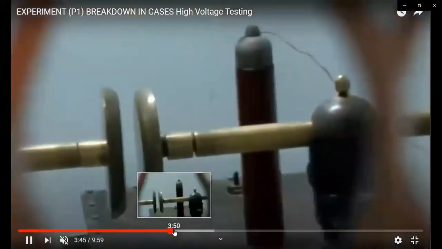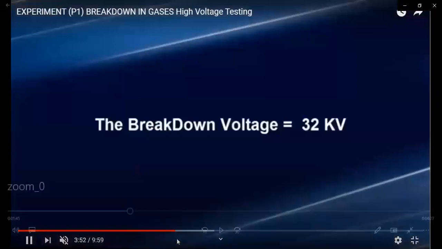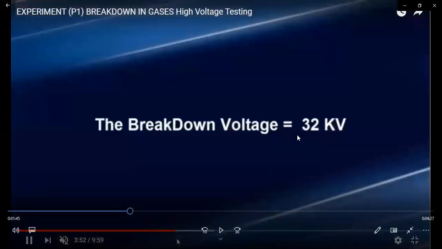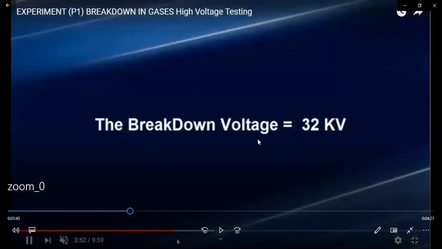Now the distance has been increased, and the gap between the electrodes is 1.5 centimeter. Now the breakdown voltage obtained is 32 kV. As I have already told you, by increasing the number of particles, the breakdown voltage will be increased.